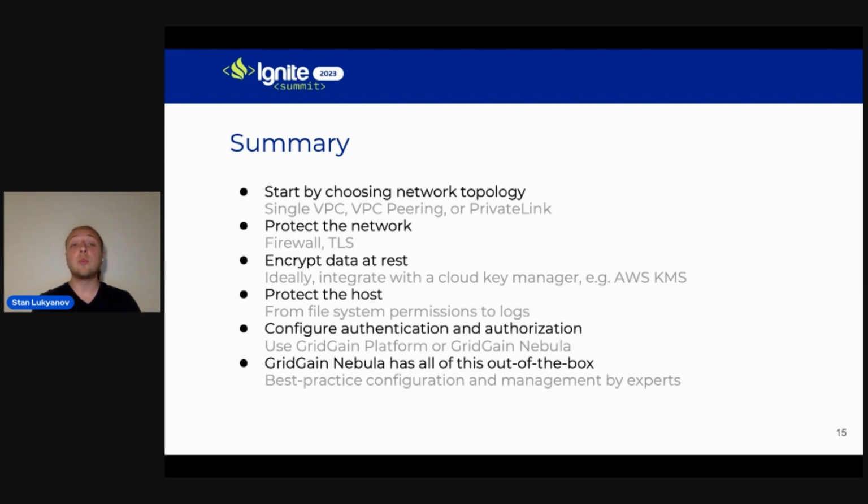But you also want to integrate transparent data encryption with your cloud provider's key management service. Then you want to additionally protect the host with, well, essentially all the best practices for your operating system, such as operating system level users and roles and permissions and so forth.